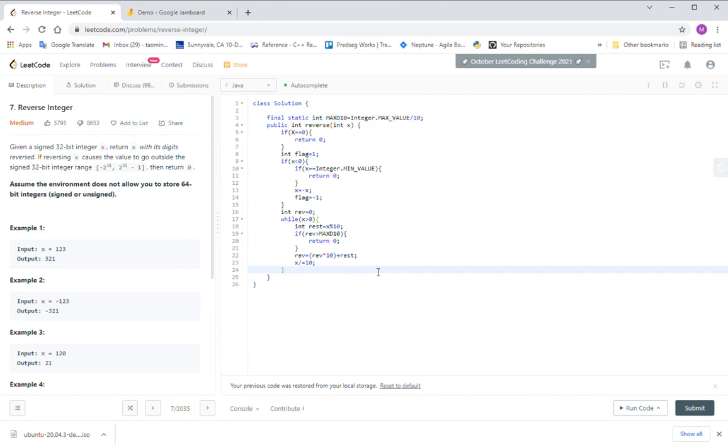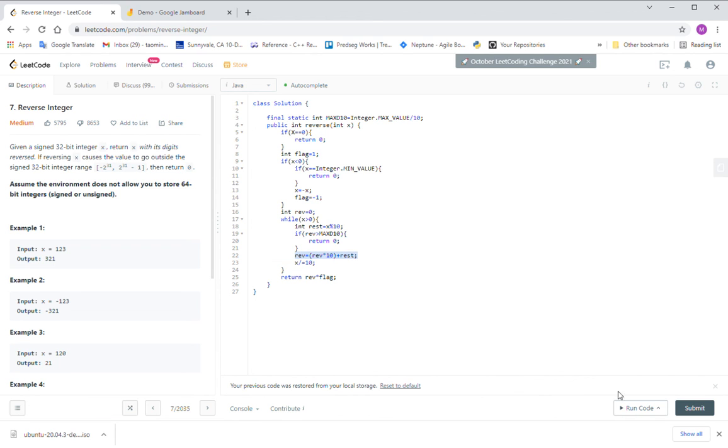Then finally we return value times flag. So the tricky thing is this: before the times 10, we already know the final value is more than the maximum, so we return 0. And then we calculate it.